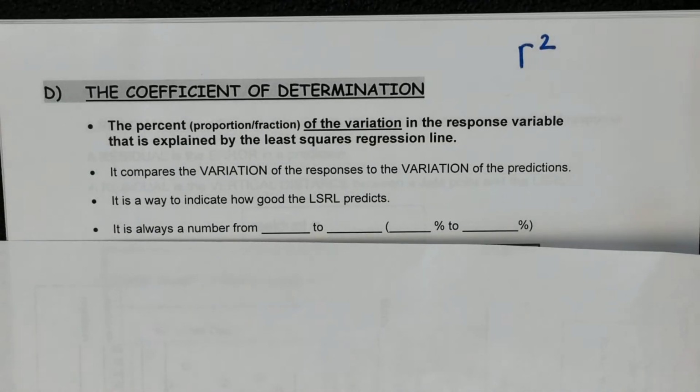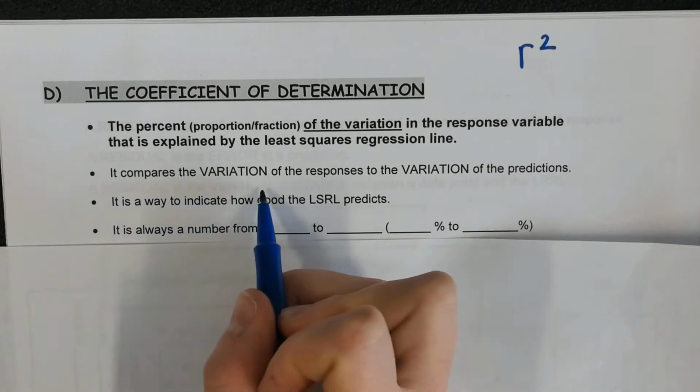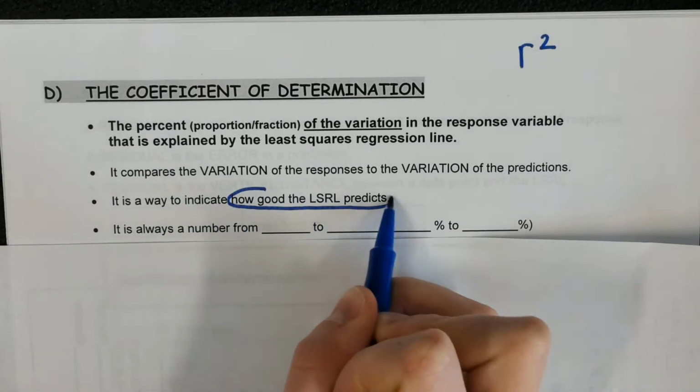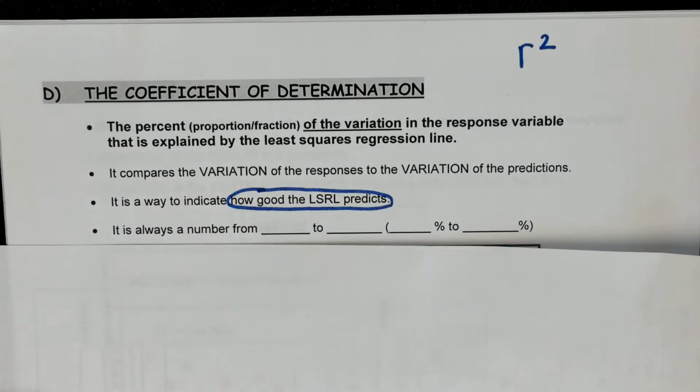It says this compares the variation of the responses to the variation of the predictions. It is a way to indicate how good our least squares regression line predicts.